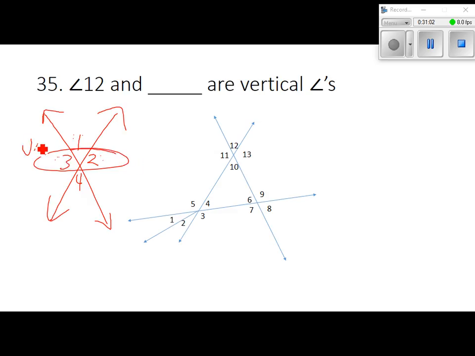Those are the vertical angles. So then you look over here at angle 12 and figure out which angle is vertical to it. Make sure you use the angle symbol. So you write angle, then the number of whichever one is vertical to angle 12. Like if I'm looking down here at angle 7, I know angle 7 and angle 9 are vertical angles.